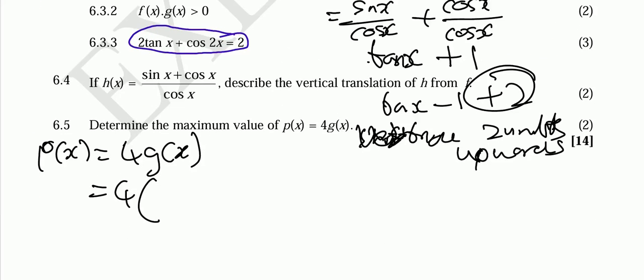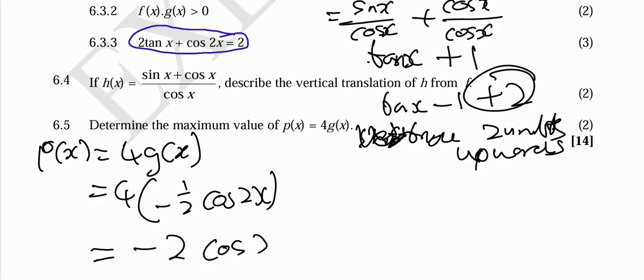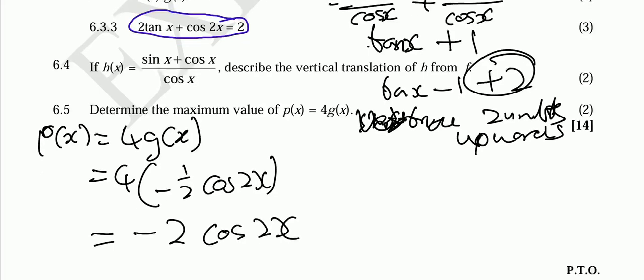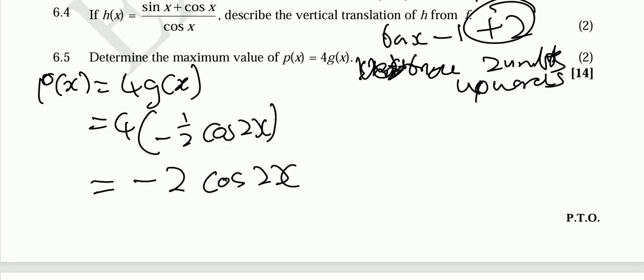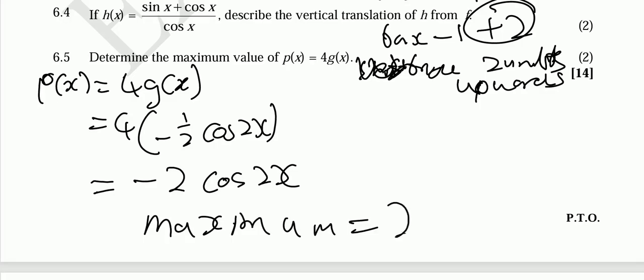It's negative 1 over 2 cos 2x, meaning it's going to be negative 2 cos 2x, right? This means that the maximum value is 2, because we can see the maximum is 2. You can see it here from the amplitude. Or if you don't mind, you can try sketching the graph. You will see that the maximum is 2. Okay, thank you.